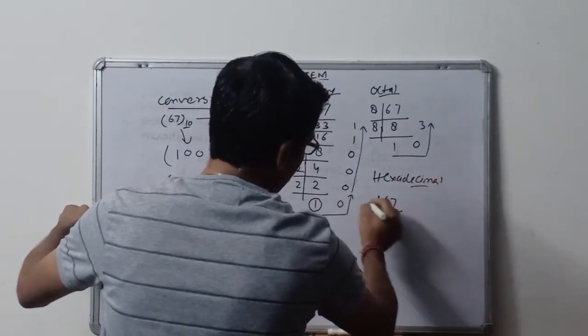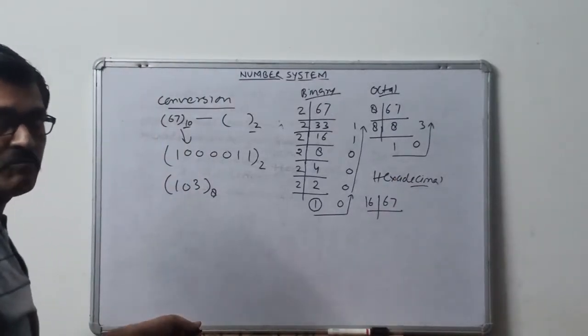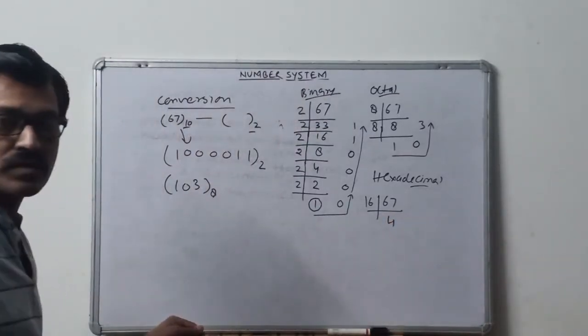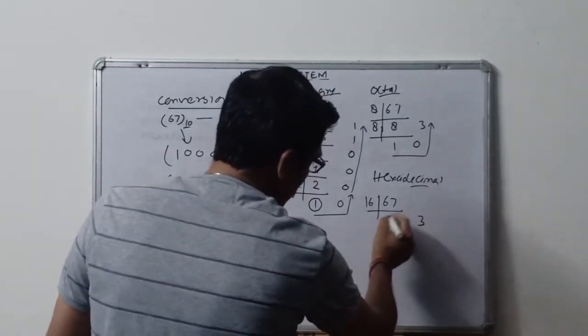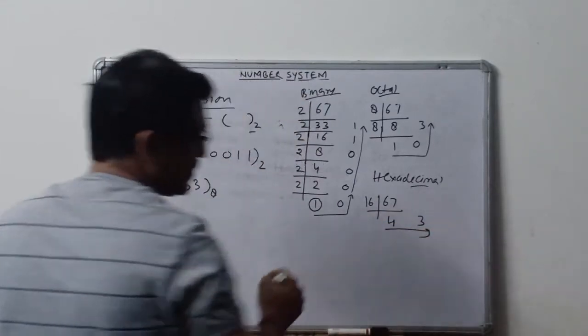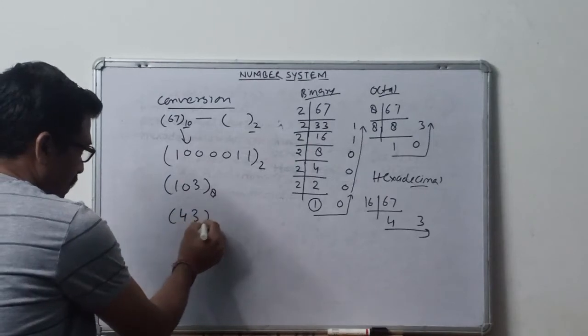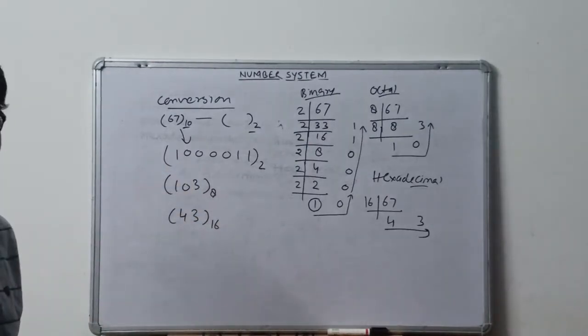67 divided by 16. Divide by base. 16 4s are 64. Remainder is 3. Now no division. From top to bottom, 43 in hexadecimal.